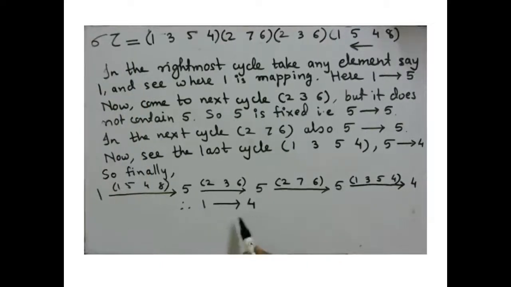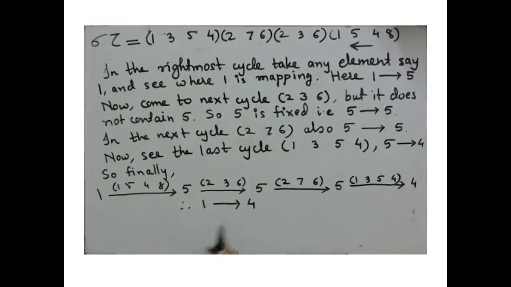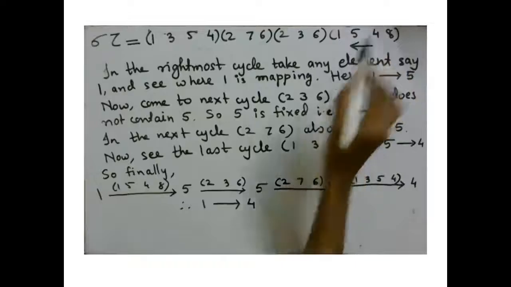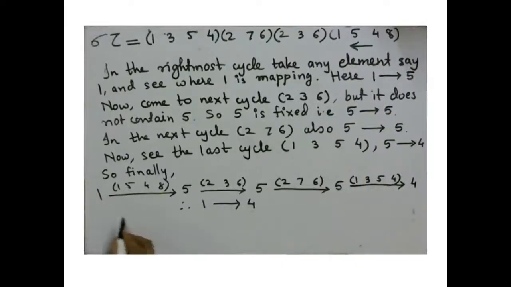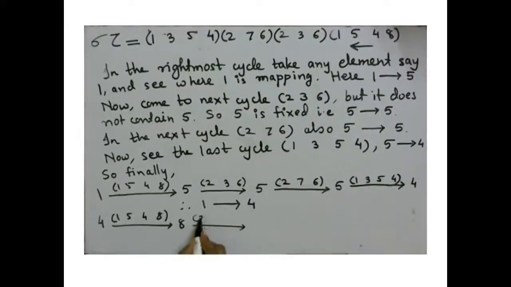Now next we have to see the image of 4 throughout all the cycles. So again we will start with the rightmost cycle. See the image of 4 in the rightmost cycle, that is in the cycle (1, 5, 4, 8). So here you can see that 4 maps to 8. Now see the image of 8 in the next cycle, which is (2, 3, 6).